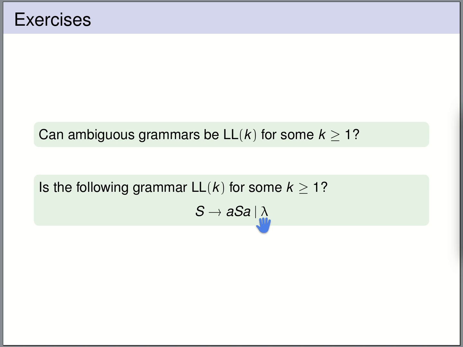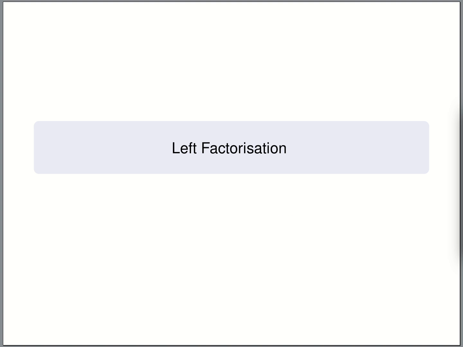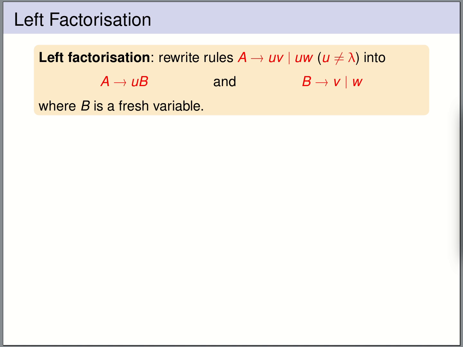Similarly, sometimes grammars can be transformed into LL1 by what is called left factorization. Left factorization is a transformation of context-free grammars that can help to make a grammar LL1 or in general LLK. So let's assume that we have two rewrite rules that have the same left-hand side A, and in both, the right-hand side starts with some non-empty word u. So u is a shared prefix of the right-hand side.